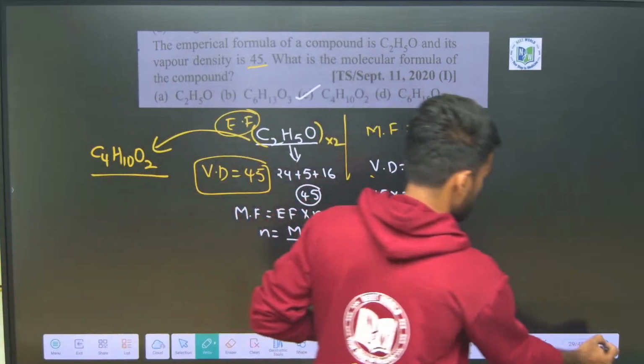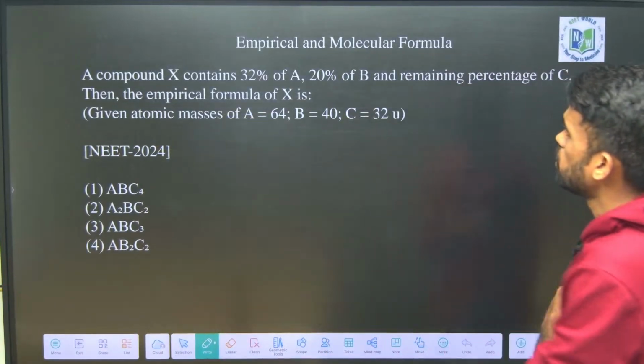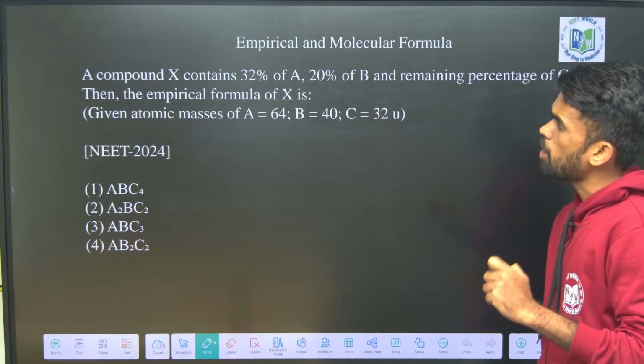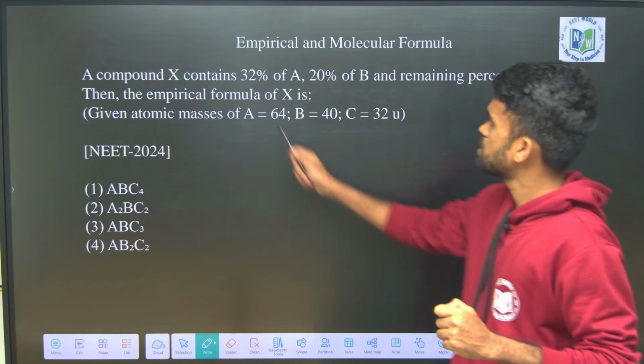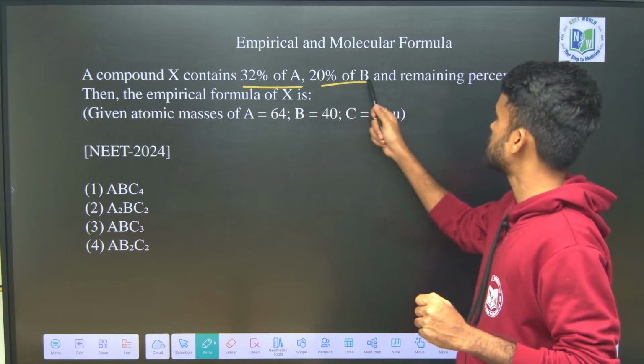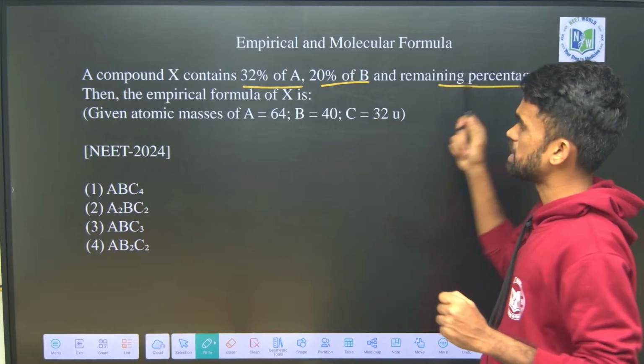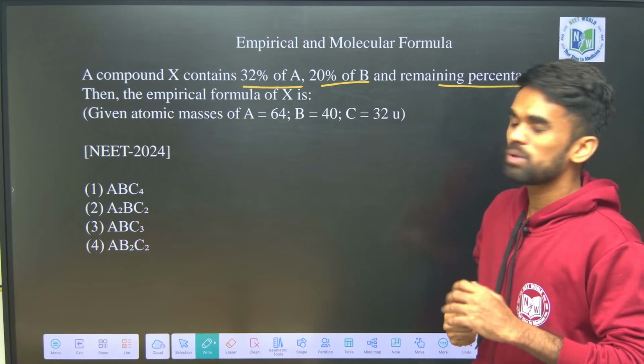And next, look at this question again. A compound X contains 32% of A, 20% of B, and the remaining percentage of C. What is the empirical formula of this X?